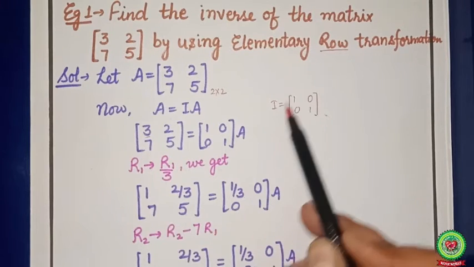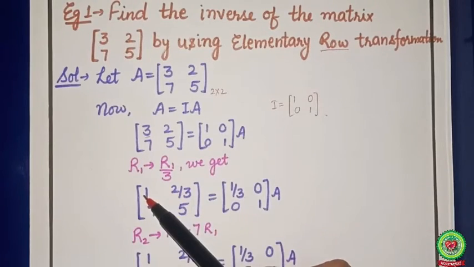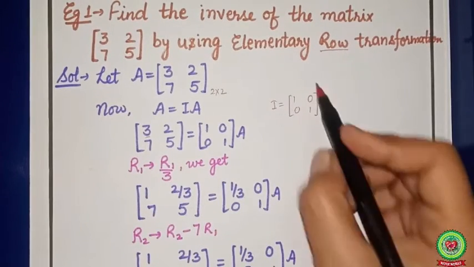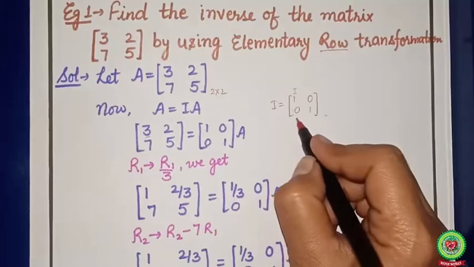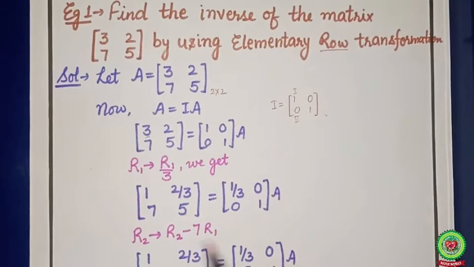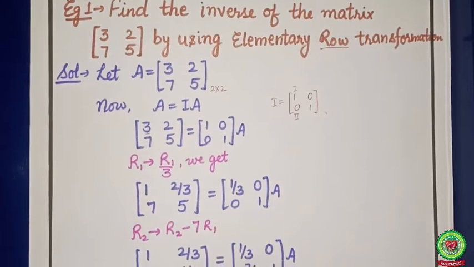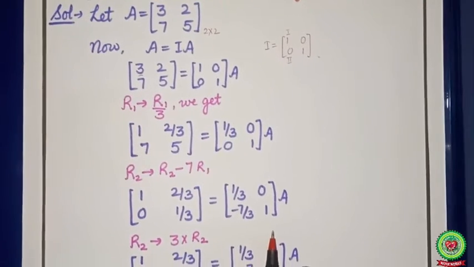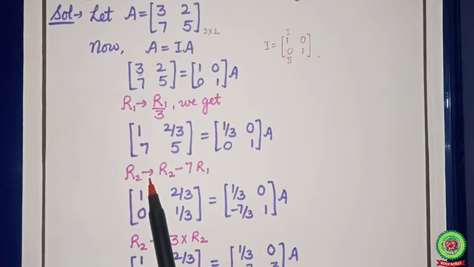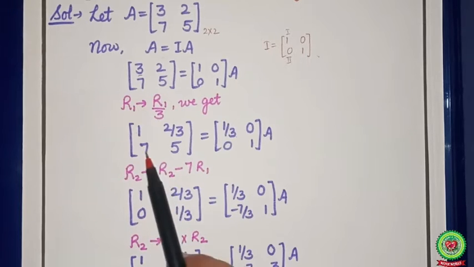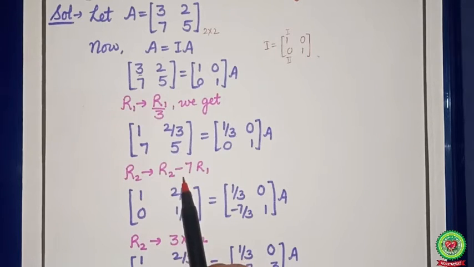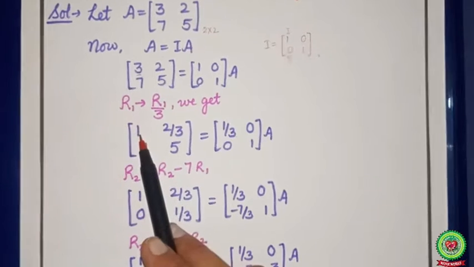Now we get the first element same. Now we will work for this one. First we have worked for 1, then for 0. Now using row 1, we have to make it 0. So it is very simple. From 1, we can easily form 7 by multiplying it. So next operation is R2 changes to R2, that is the second row, minus 7 times row 1.